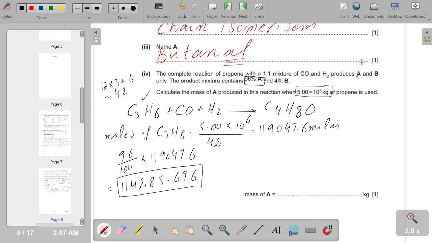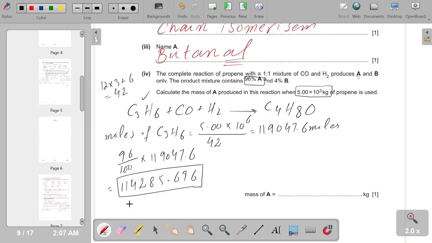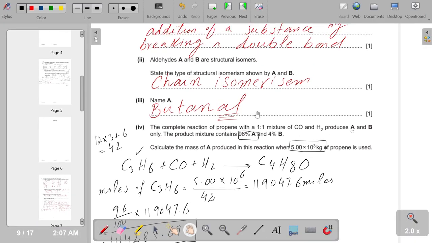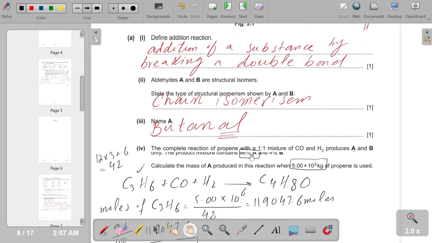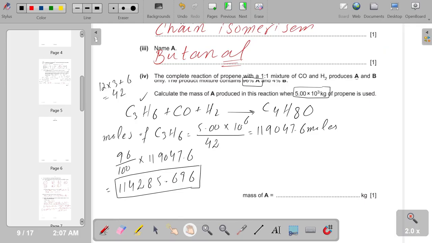Now how to find its mass? I need to multiply by its Mr. So how can I get its Mr? It is C4H8O, okay? Let me find Mr. Carbon's Mr is 12. There are 4 carbons, so multiply by 4. 8 hydrogens, so plus 8, plus oxygen is 16.